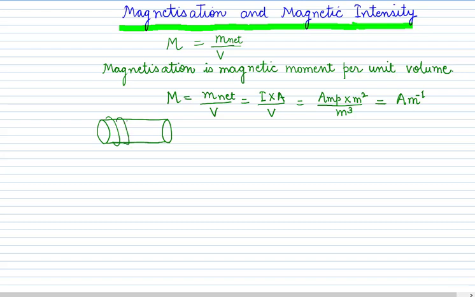So this is a simple representation of a solenoid. And this we take at the axis of the solenoid. The magnetic field due to the solenoid we know is always B is equal to mu naught n I. Mu naught is the magnetic permeability in vacuum, n is the number of turns per unit length, and I is the current. Now we take it as a hollow cylinder.